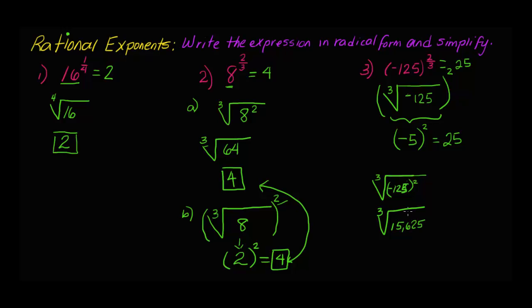Positive because negative times negative will be positive. And then the cube root of this is 25. So see, this is more difficult to work with because the numbers are way too big, okay? I'm sure with a calculator, well, this would be easy. So I prefer this method where you raise the whole radical to the exponent and it's easier to solve by hand.